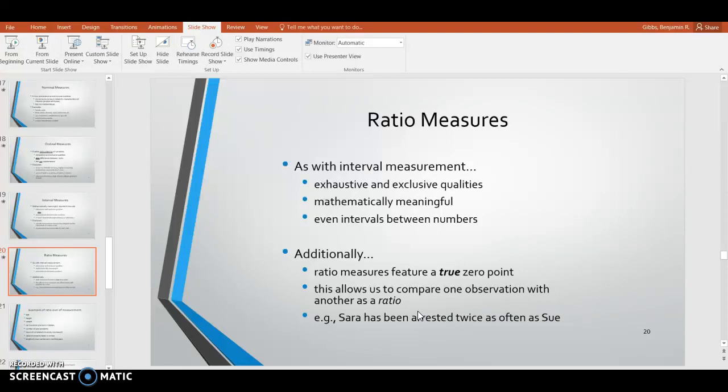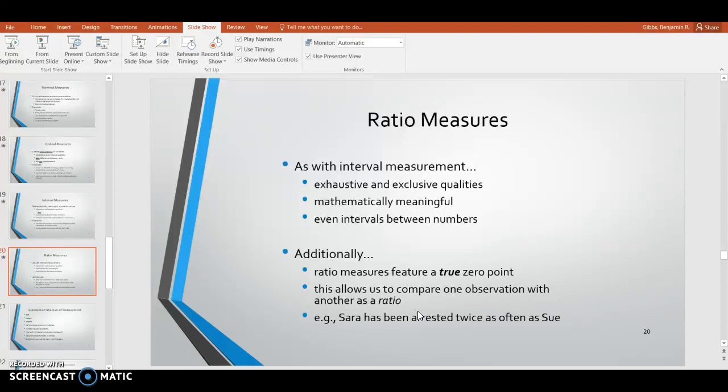So, that's how you have to think about the 4 levels of measurement. Nominal level measures have no mathematical property, no true zero, nor can you rank order. Ordinal level variables, you can rank order them, but there is no true zero, nor does it have a mathematical property.